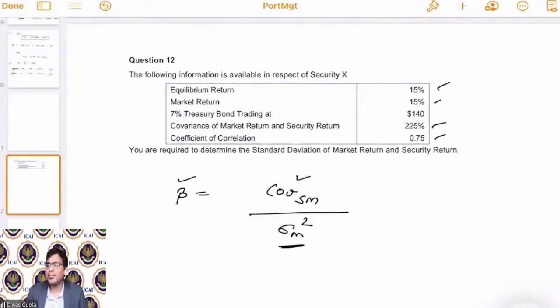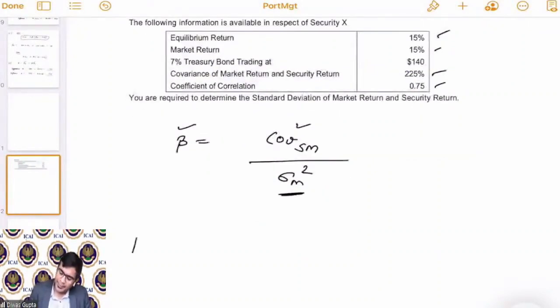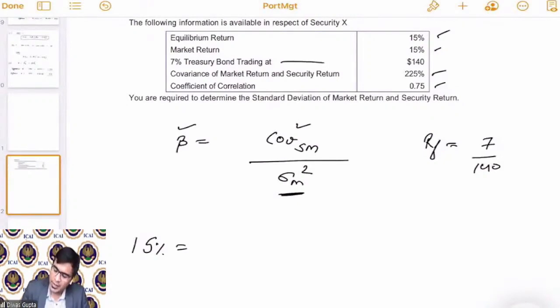Definitely yes. So the CAPM formula says that the equilibrium rate, 15%, is equal to the risk-free rate of return. If I have to calculate the risk-free rate here, it comes as 7% divided by 140. The question says that the 7% treasury bond is trading at $140.